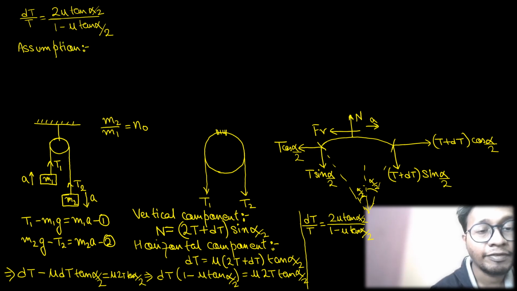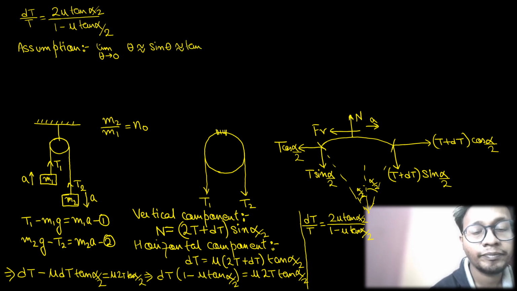At very small angles, limit theta tending to 0, theta is nearly equal to sin theta is nearly equal to tan theta. This elemental mass is very small, so this length is very small, so alpha by 2 is much smaller. So can I say tan alpha by 2 is nothing but alpha by 2?